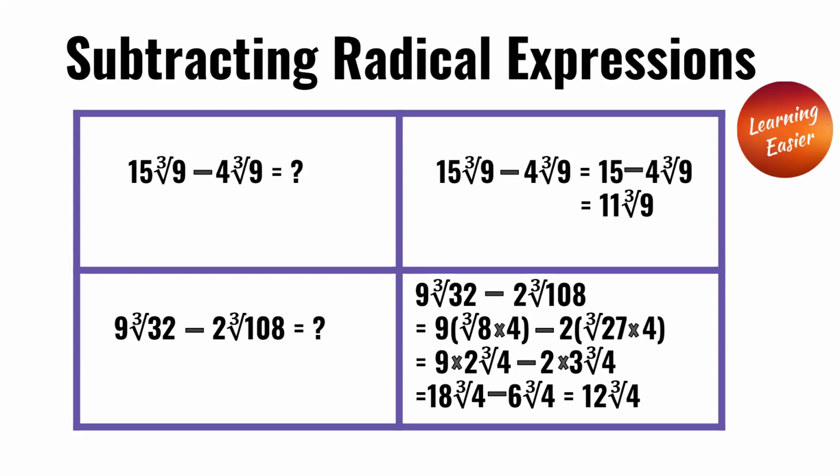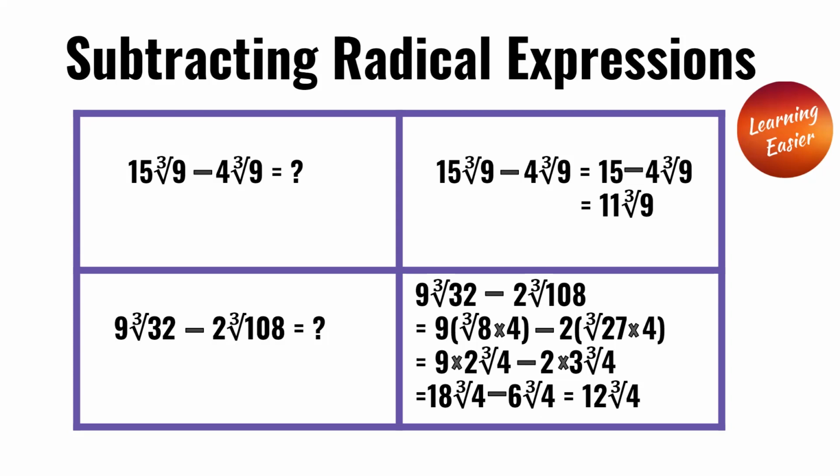9 cube root of 32 minus 2 cube root of 108. We have to simplify the radicands because we can't subtract them as they are different. 9 cube root of 32 can be simplified into 9 times the cube root of 8 times 4, which is equal to 9 times 2 cube root of 4, which is equal to 18 cube root of 4.